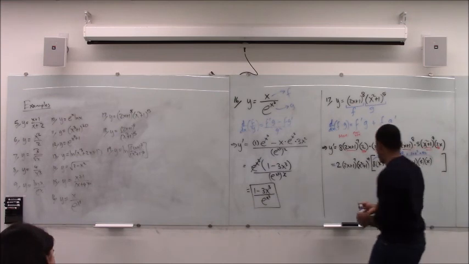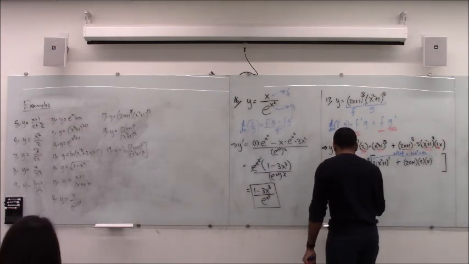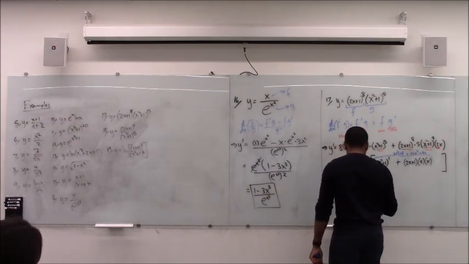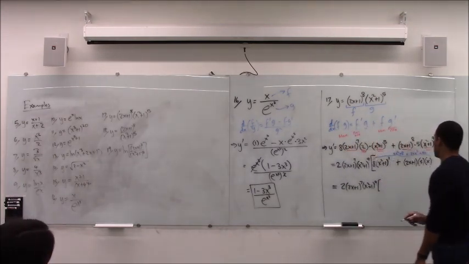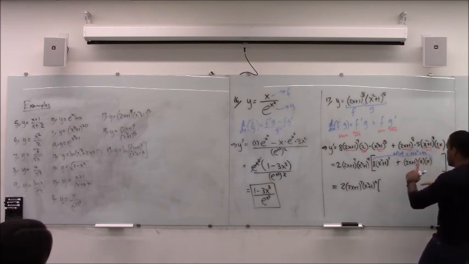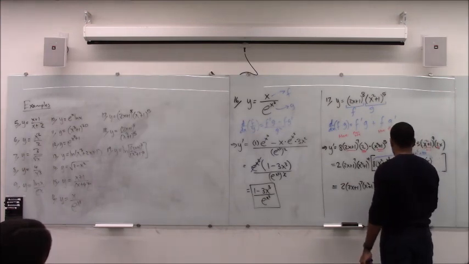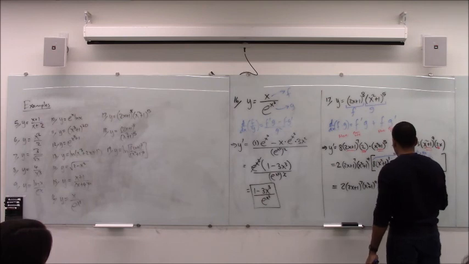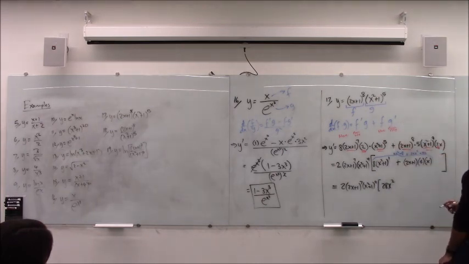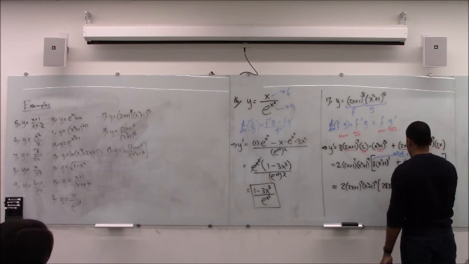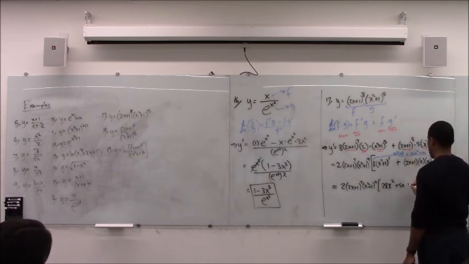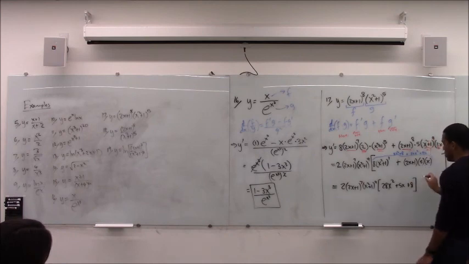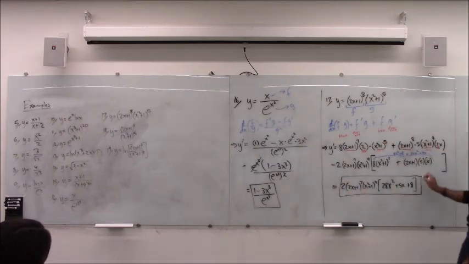So this now gets simplified to 2 times 2x plus 1 to the 7 times x squared plus 1 to the 4 times 8x squared plus 20x squared, that is 28x squared. And then I would have 5x plus 5x, then I would have 8. That's that, guys.